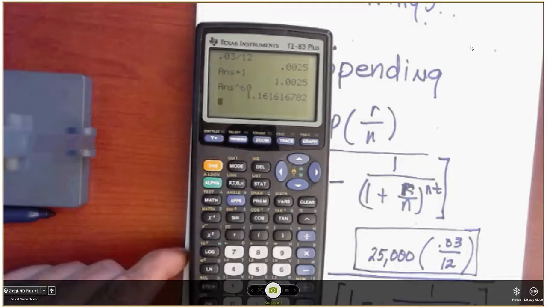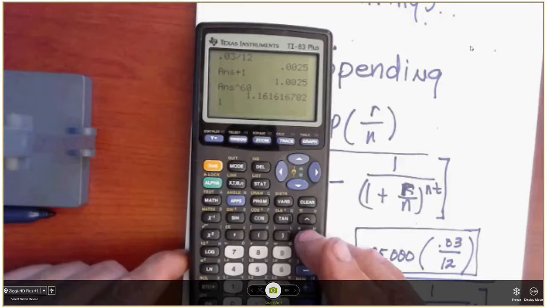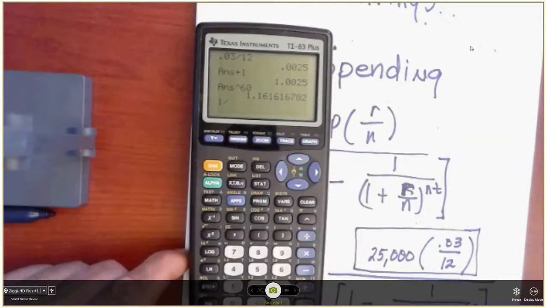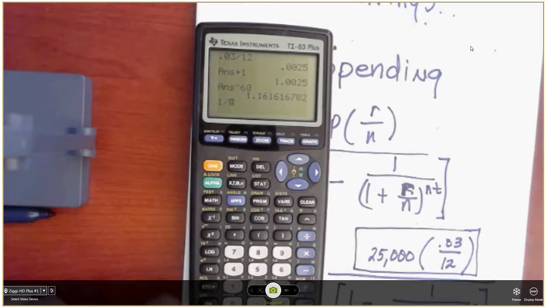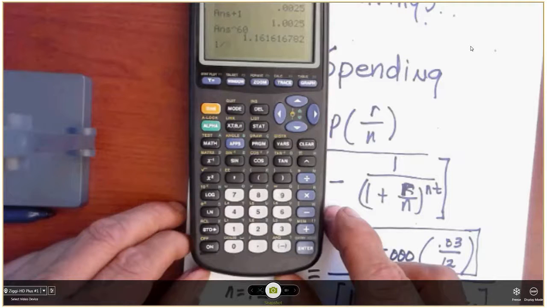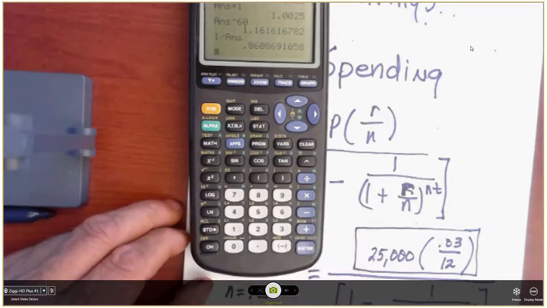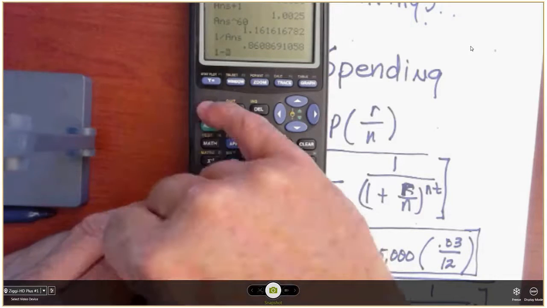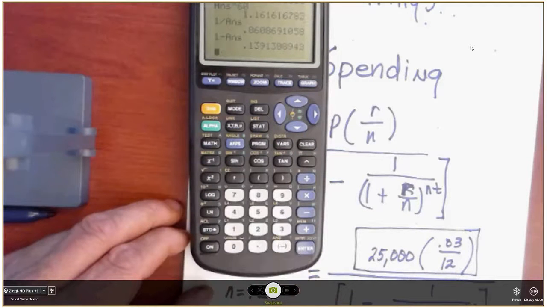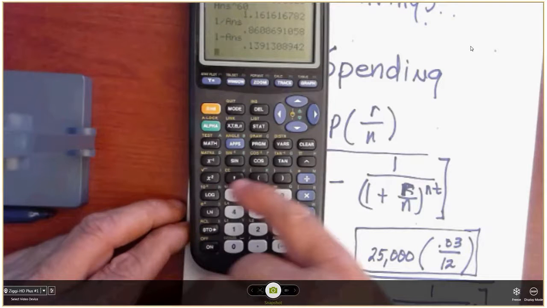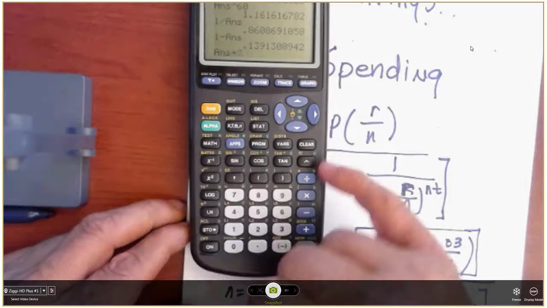Take 1, divide it by second function, the answer key, the negative key right down here. See that A and S? That means the last answer that you had. Hit enter. And then 1 minus second answer. And that's the denominator. So stow, alpha, D, denominator.